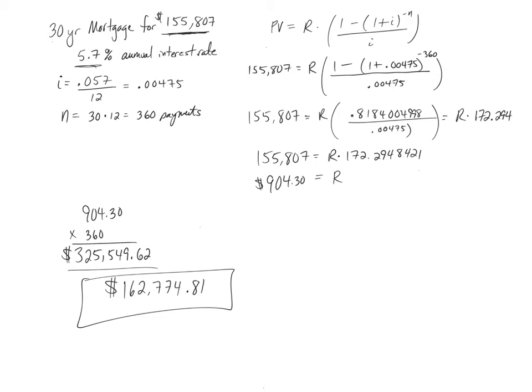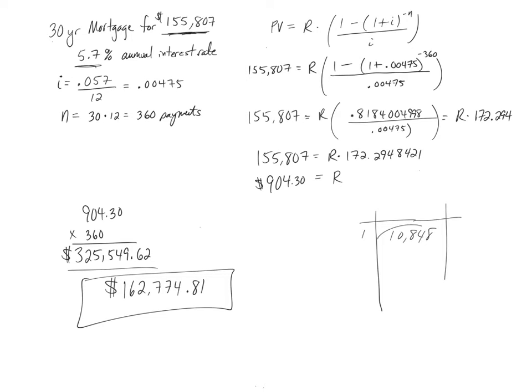There could be something where, when you look at these amortization schedules, after year one, you will have paid a whole bunch of money. Let's say you paid $904 times 12 is about $10,848.